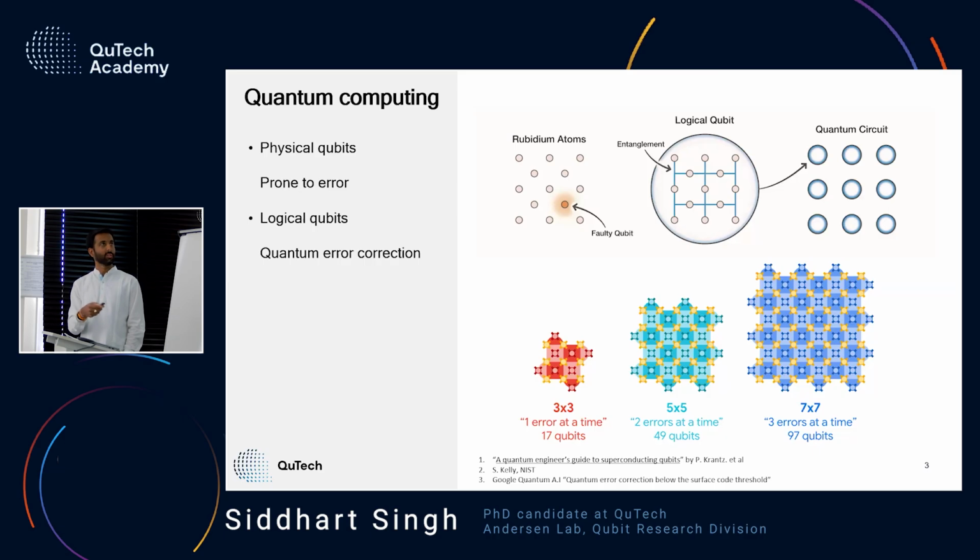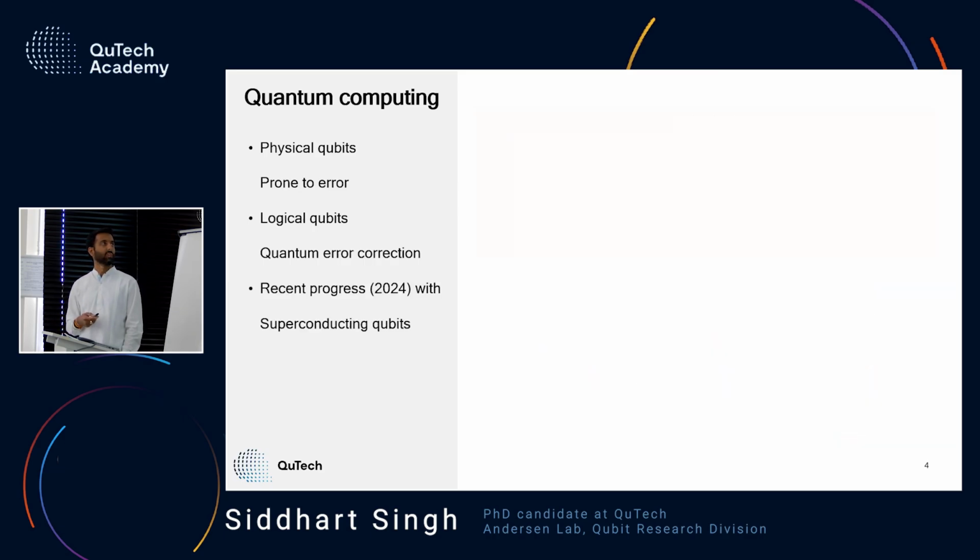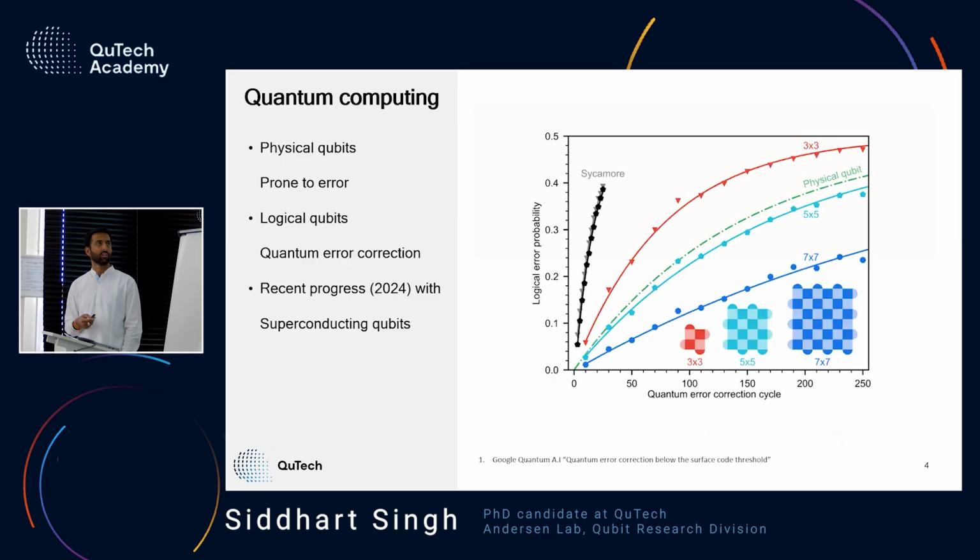In superconducting qubits, there has been a lot of progress in implementation of these. And to show you some recent progress, Google came up with their recent results in the second half of 2024, where they made these logical qubits using a big collection of these physical qubits.